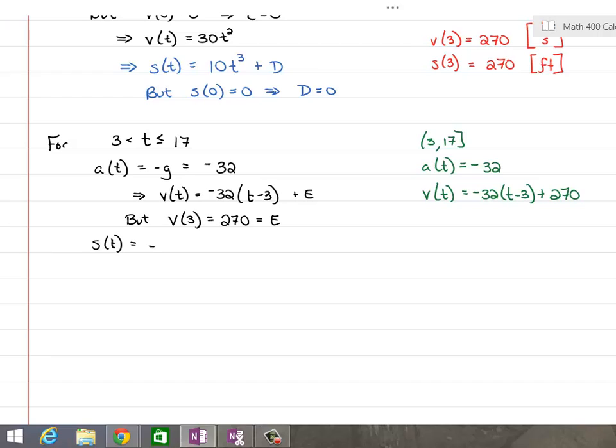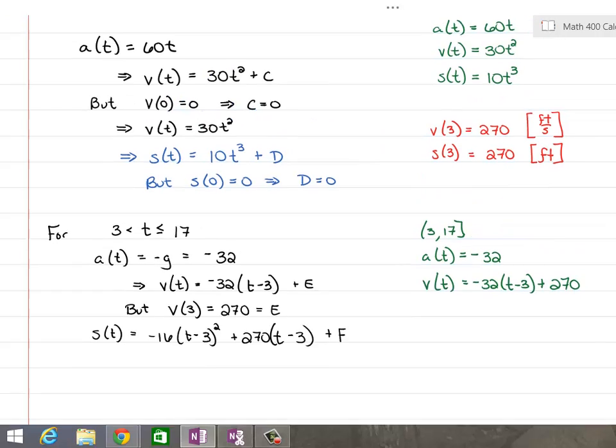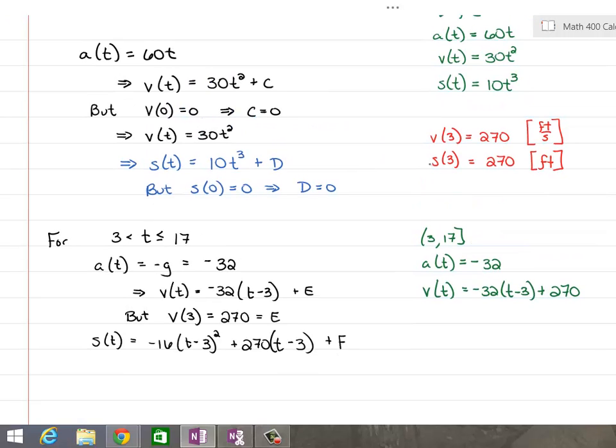So it's going to be negative 16 times (t minus 3) squared plus 270t plus some constant f. Oh, and darn it, I'm going to time shift that t there. I keep forgetting about that. Plus some constant f.